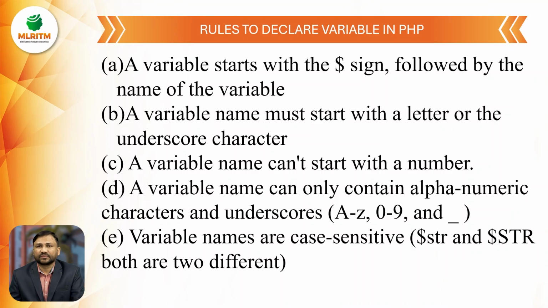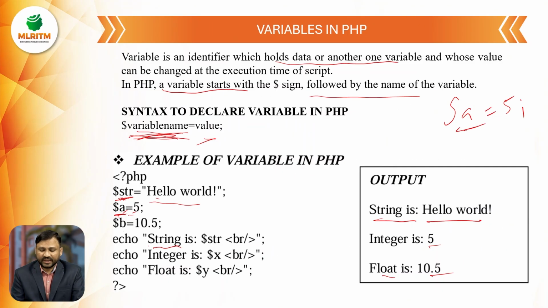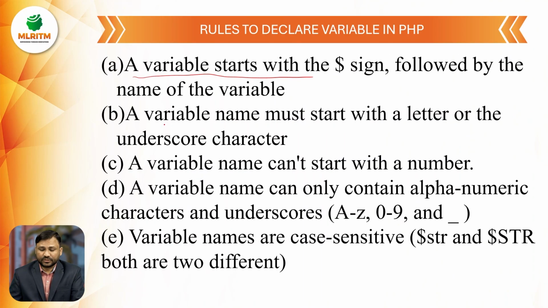The same types of rules are applied here in PHP. The first rule says that a variable starts with the dollar sign followed by the name of the variable. We can write any name.